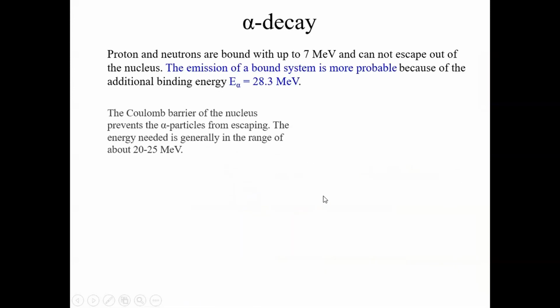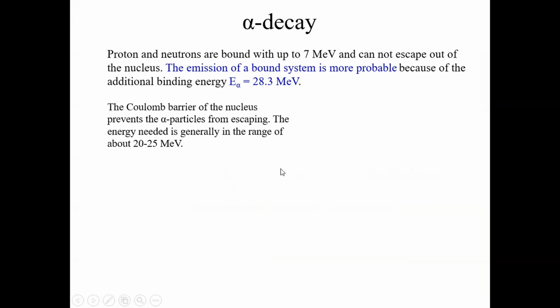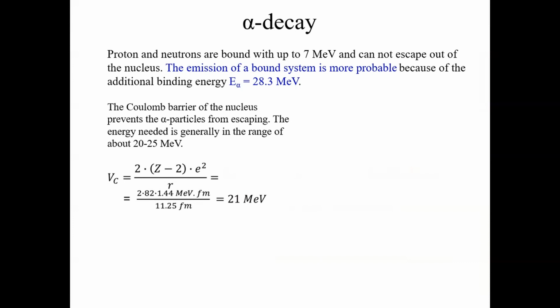Alpha decay also has this: the protons and the neutrons are bound basically up to 7 million electron volts and cannot escape out of the nucleus. The emission of the bound system is more probable because there is additional binding energy available.